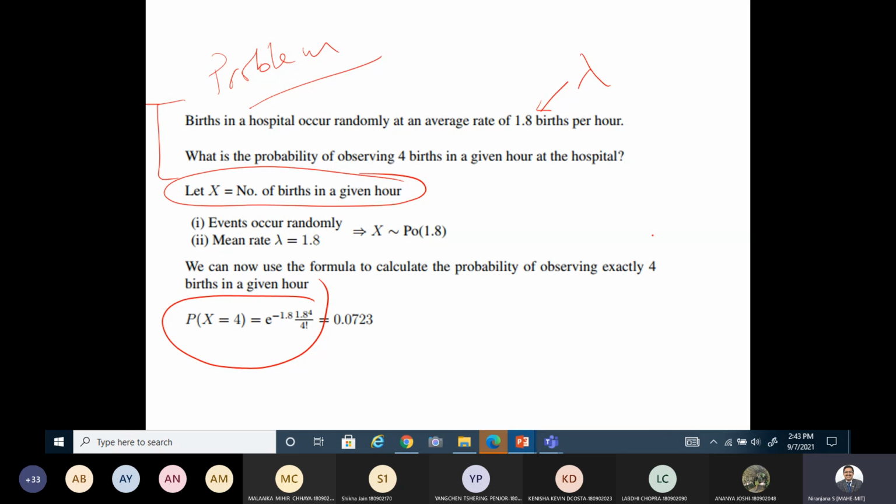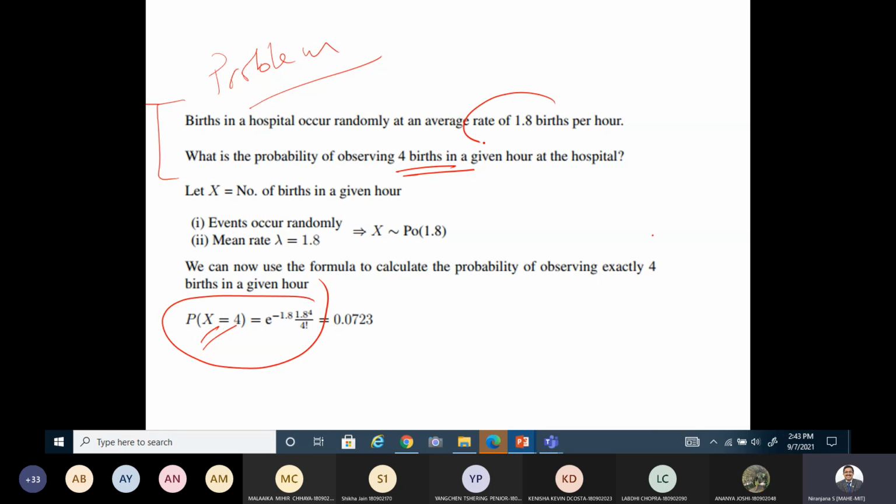But if you want to describe this class from getting a single baby to multiple babies, then you can even plot the distribution. But in this given problem, our requirement is only to calculate the probability when the variable takes a value of 4.